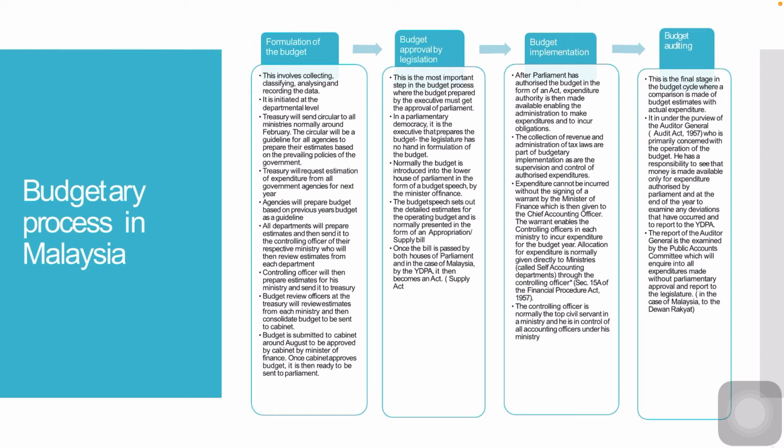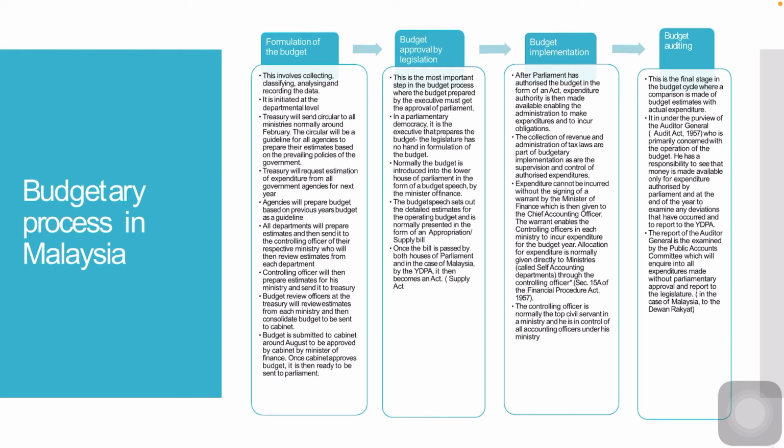So allocation for expenditure is normally given directly to the ministry through the controlling officer. So according to the Financial Procedure Act, dia kata kat sini, warrant tadi telah diberikan kepada jabatan, kepada kementerian secara teruslah, directly kepada kementerian, through the controlling officer.